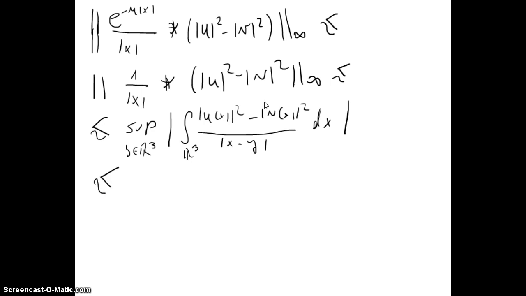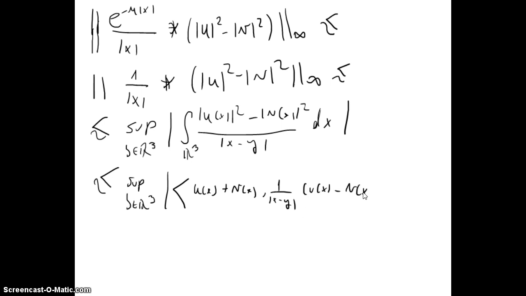If we split this up, we will have now the supremum over y in R3 of the absolute value of the scalar product of ux plus bx, 1 over x minus y, ux minus bx.